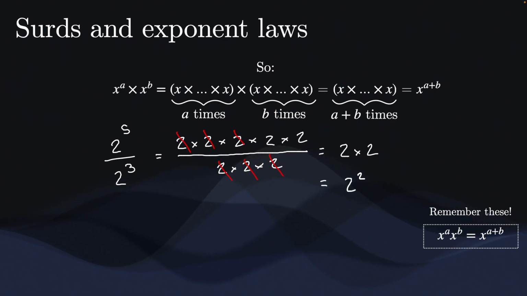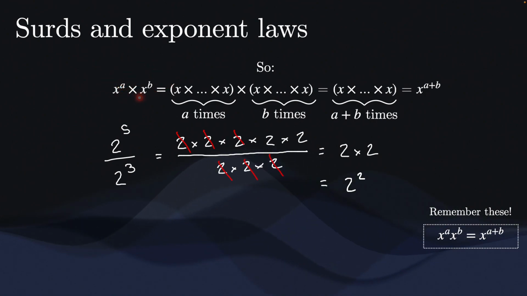And I'm hoping that you can get the gist here: if you have x to the a times x to the b, that's equal to x to the a plus b. And with division, it is the exact opposite.